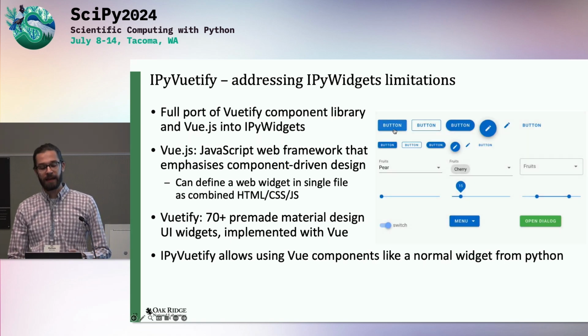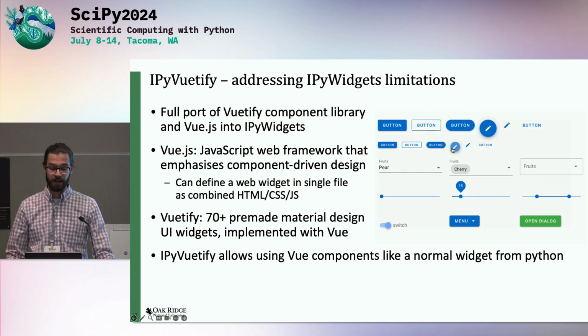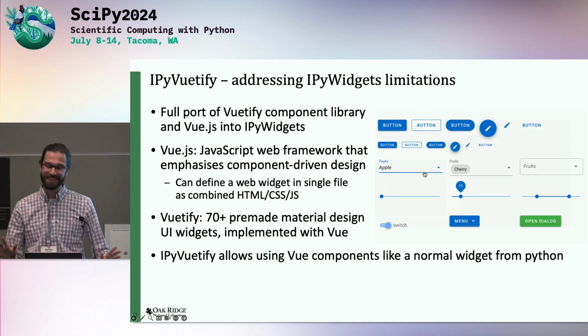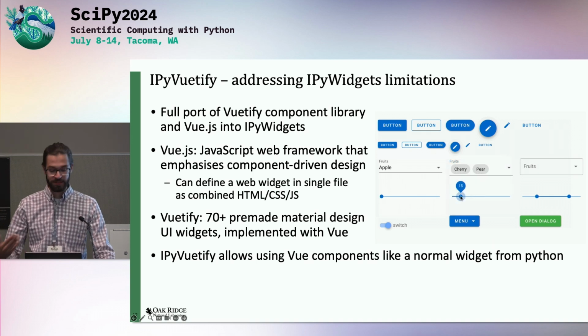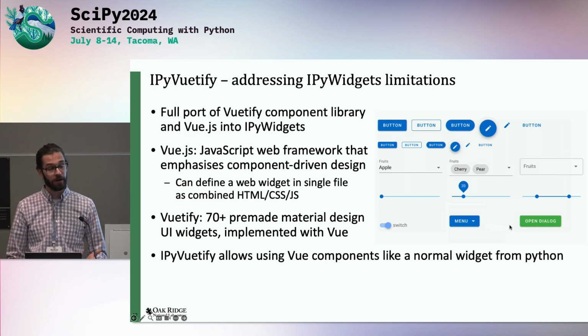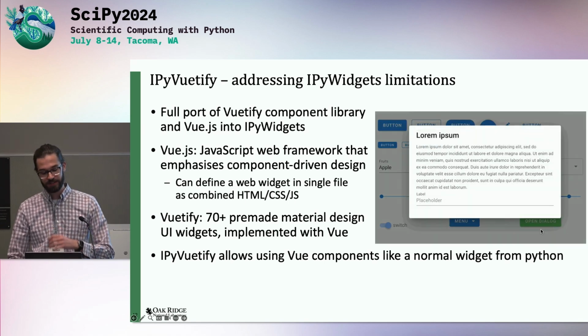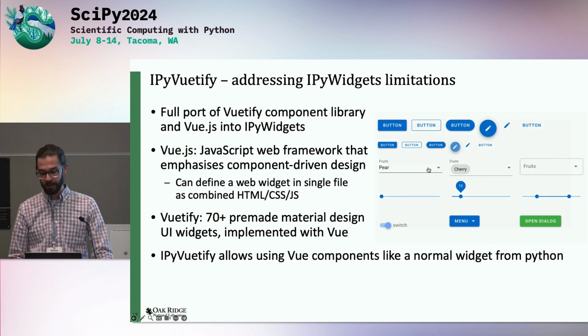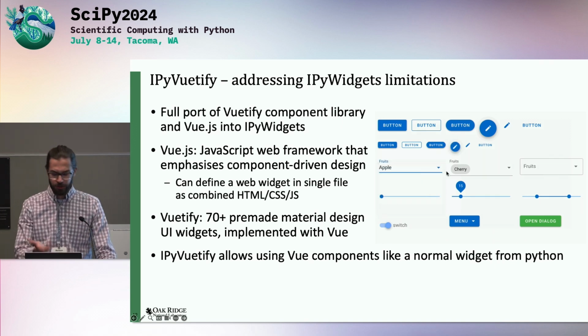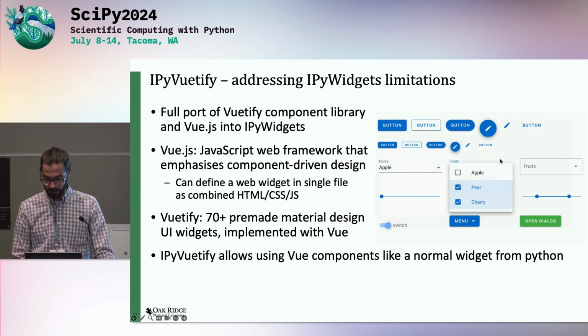Vuetify then is a very large set of pre-made, very nice-looking, pretty material design UI elements that are all implemented within Vue. IPyVuetify then, to sort of wrap all of that together, is a port of this library into IPyWidgets. And so the takeaway there is that it lets you use Vue components like you would a normal IPyWidget within Python. You can see an example of some of these in the figure here.